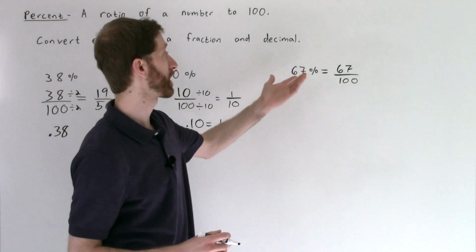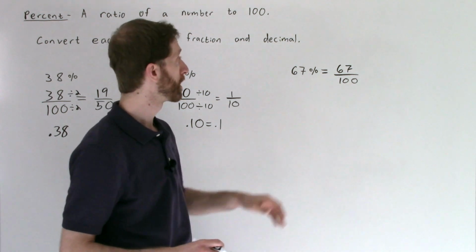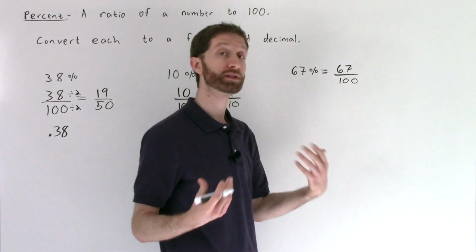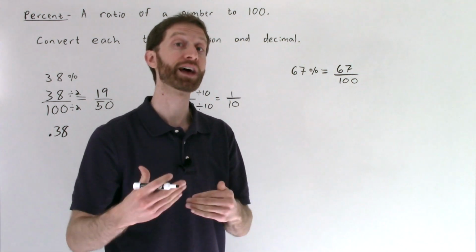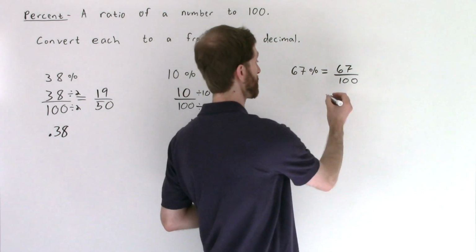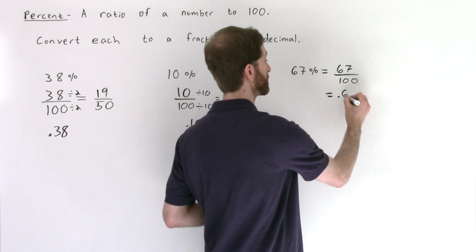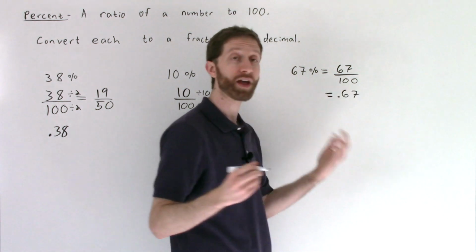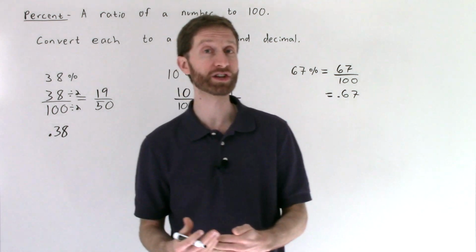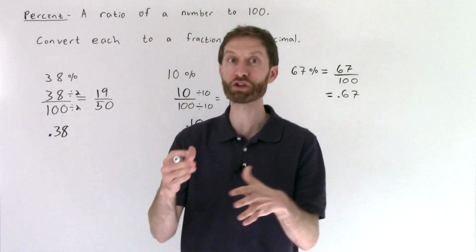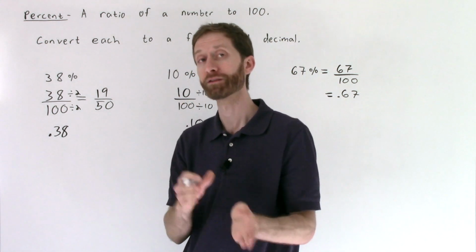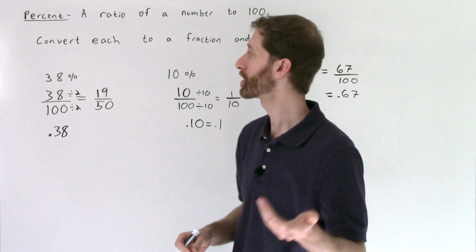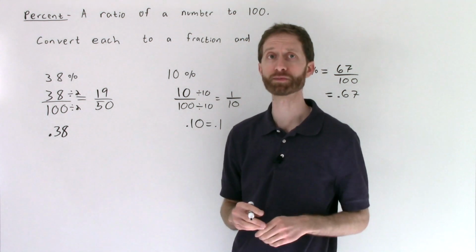So that is the fraction form of 67%. Looking at that, I'm going to convert it into a decimal. We read that as 67 hundredths, which is the same as 0.67. There you have it, guys, how to convert percentages using the literal translation of what percent, for every 100, means. We convert into fractions and into decimals.